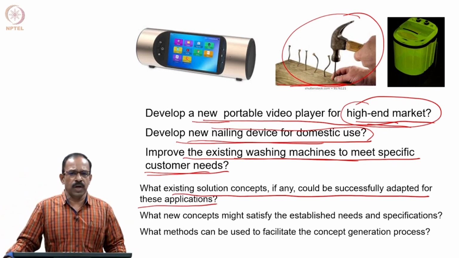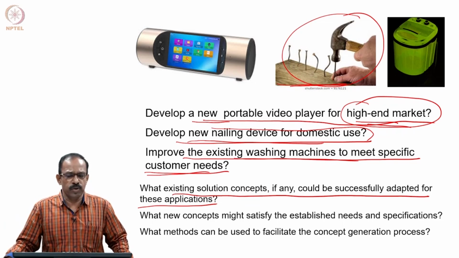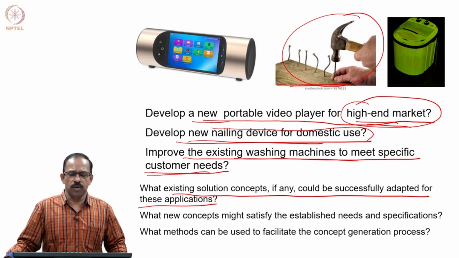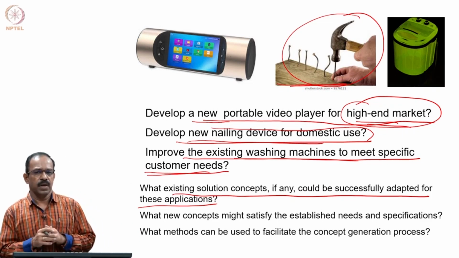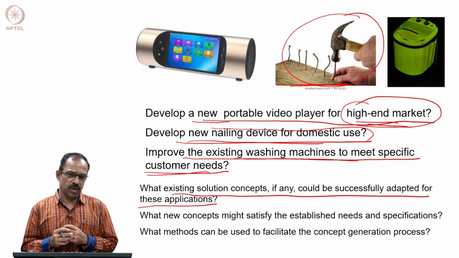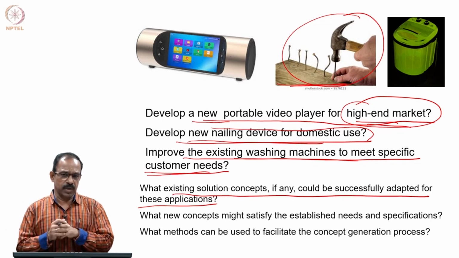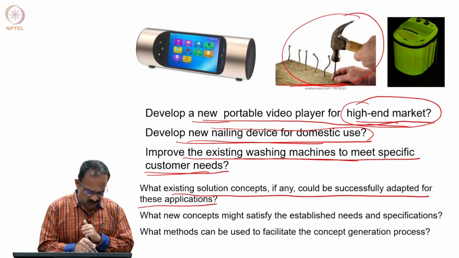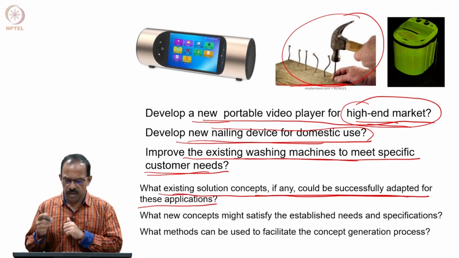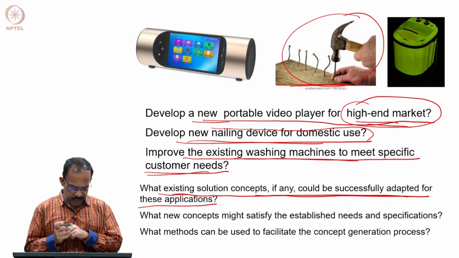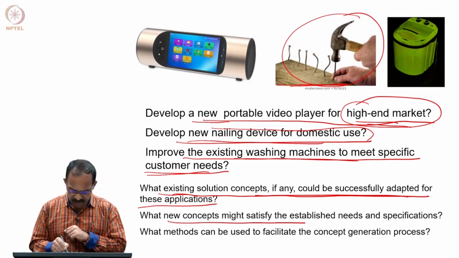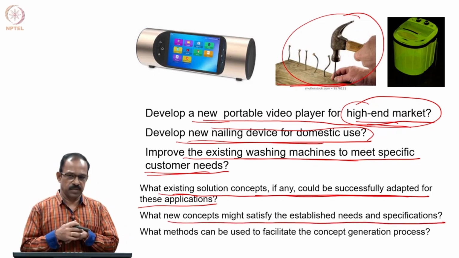It is not possible to have everything completely new in any product, and no product will be 100% new. There will be a lot of things which people adapt from different fields. So, before going for concept development, you need to look at what existing solution concepts can be successfully adapted for your product. Similarly, what new concepts might satisfy the established needs and specifications.